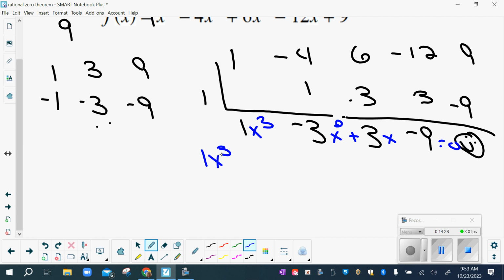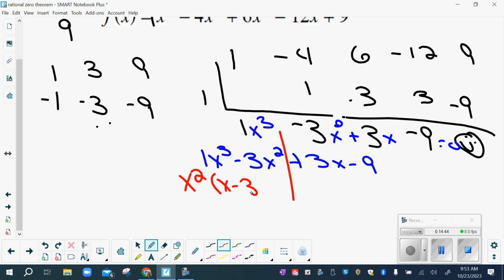Hey, that's a 4-parter. Cut them in half, right? We're pros at this. Boom. x squared, x minus 3, taking out a positive 3, x minus 3. Yay, they match. That makes me happy.